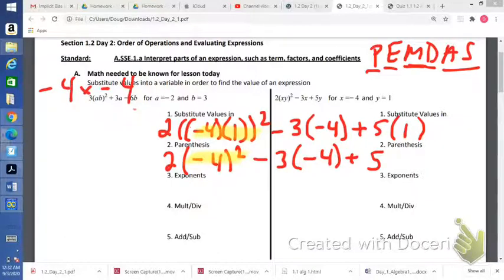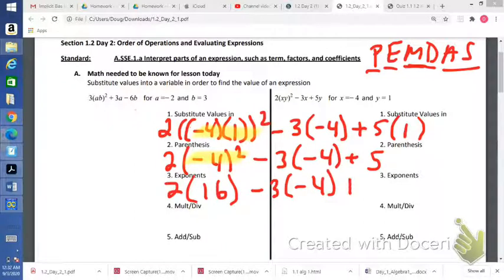Well, when you multiply two negatives, you get a positive. So you're going to have 2 times -4 times -4 is a positive 16, minus 3 times negative 4 plus 5.